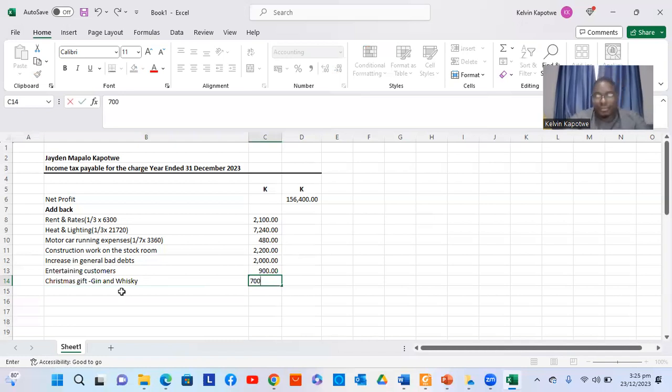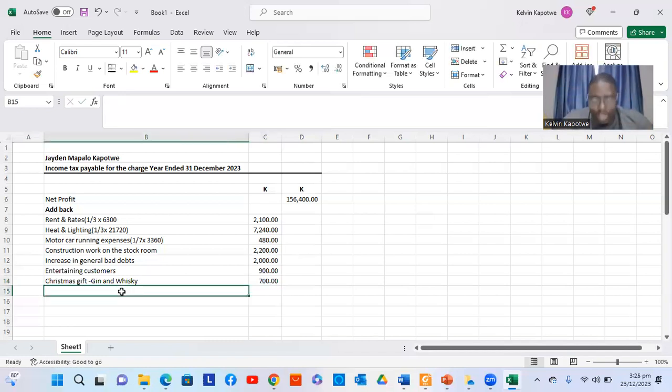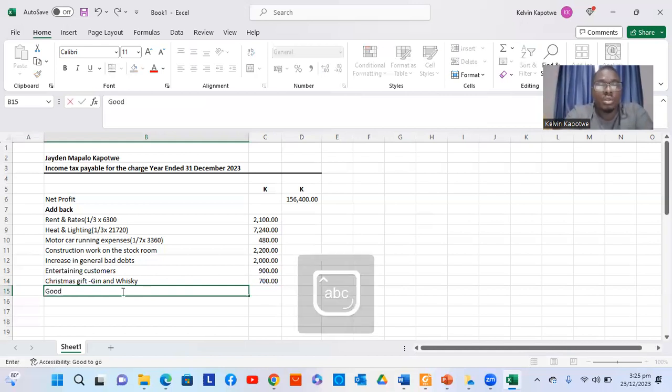All right. And then we are going to look at goods drawn for personal use. The goods that Jaden drew from the business to be used by his family, we are going to add back or disallow at the market value. So this is how you do it. Goods drawn for personal use, we gross it up.